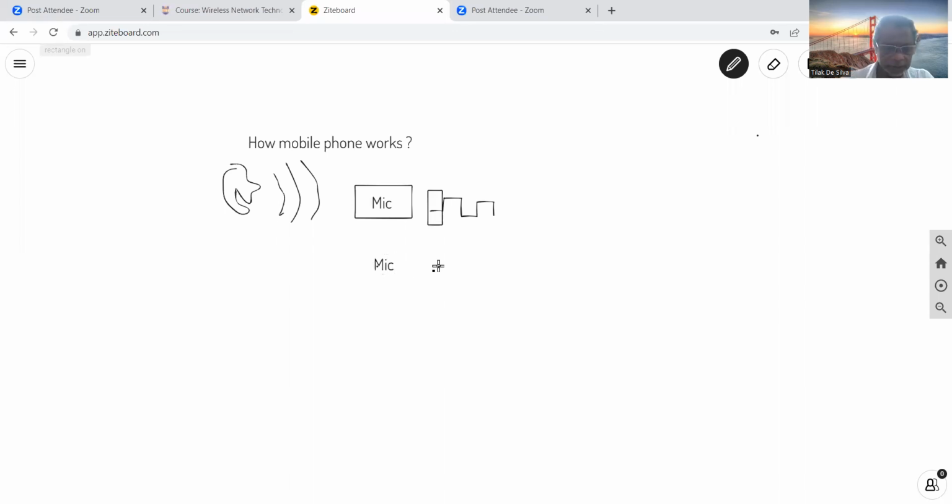The output from the microphone is an electrical analog signal. Then you have another device here. This is called the coder. It will convert it to a digital signal.